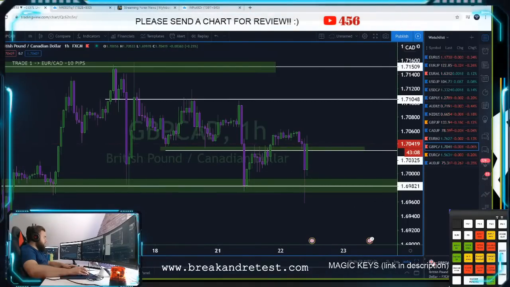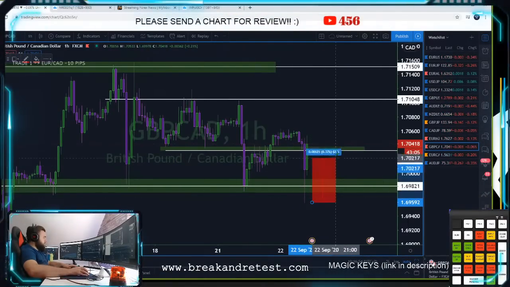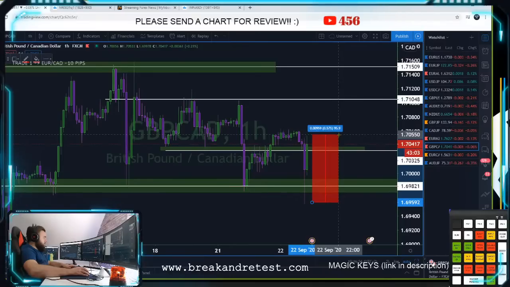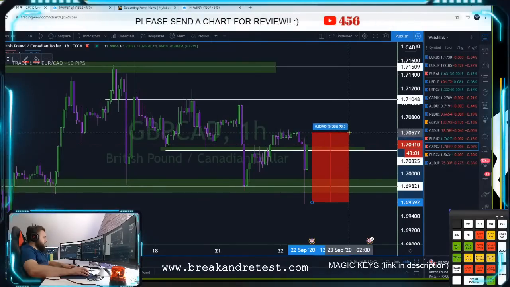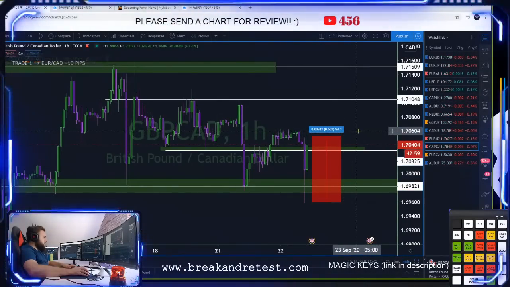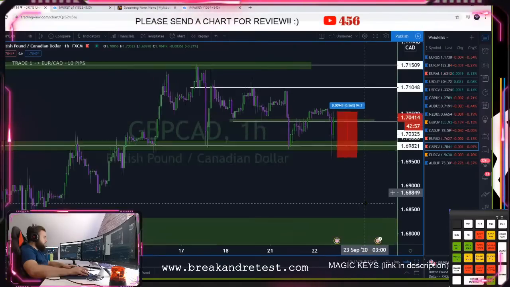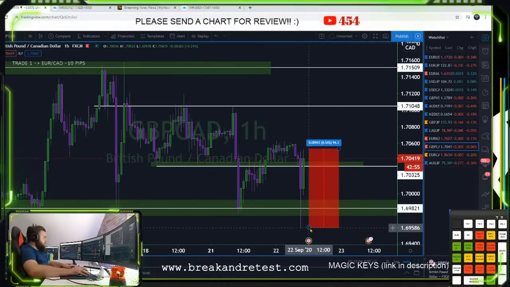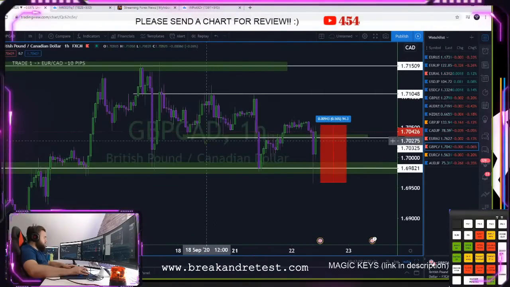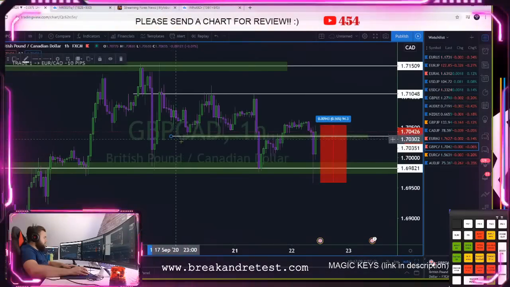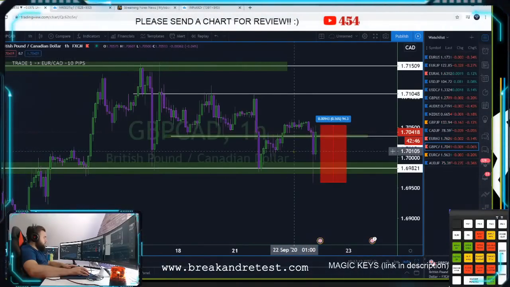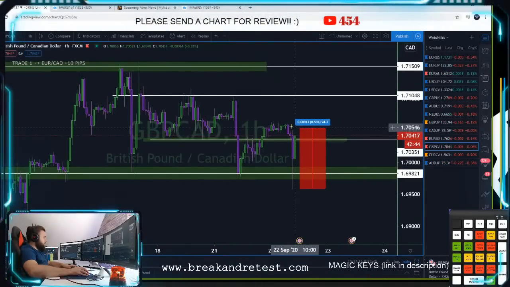Look at GCAT. Wow, this is crazy. 95 pips rejection all the way up. This is crazy. It recovered the whole move all the way up to the upside.